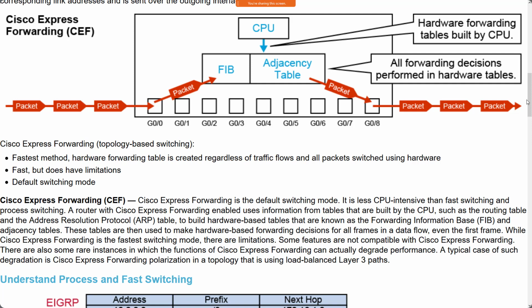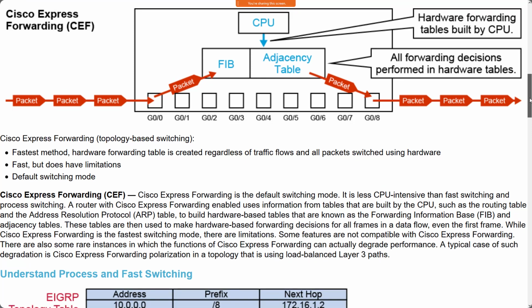You're going to get some kind of irregular load balancing. There's a term they use to describe it. I'm trying to think of it right now. Polarization is what it's called. You get some polarization on a particular interface and so on. We'll probably see that a little bit later on when we get into some of our load balancing tools.